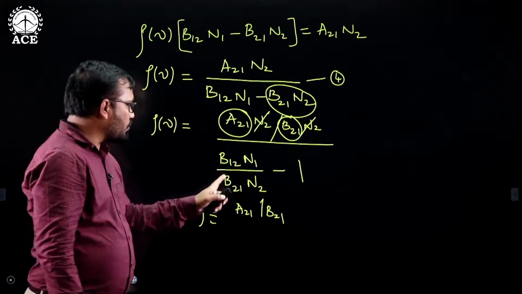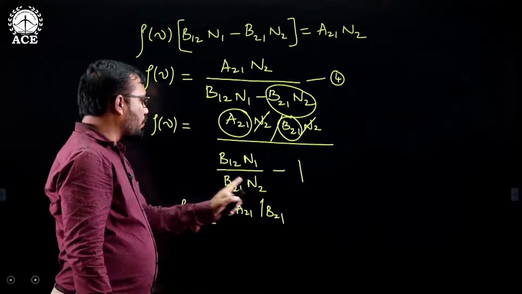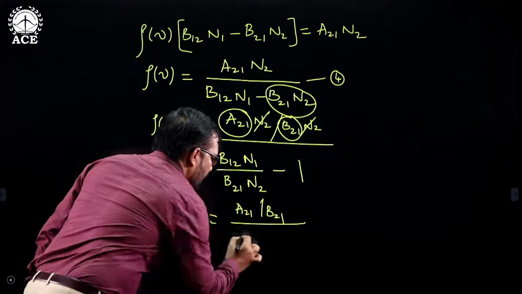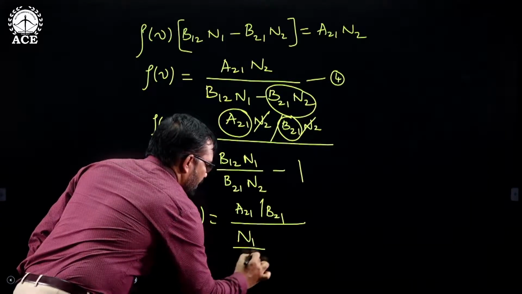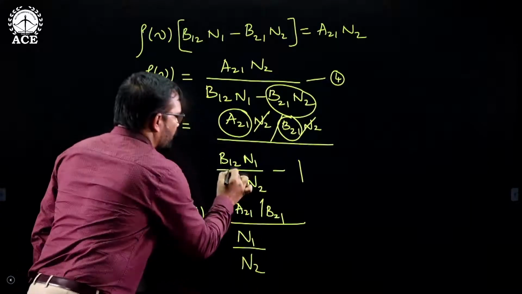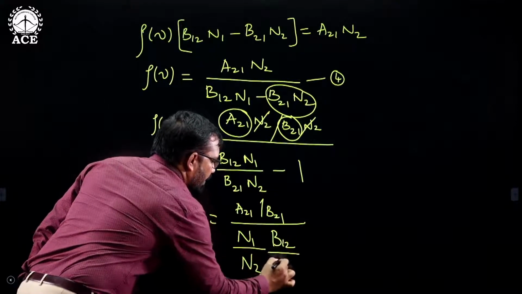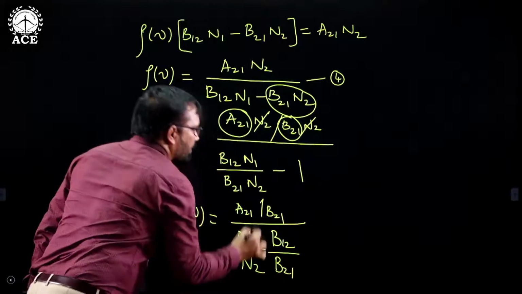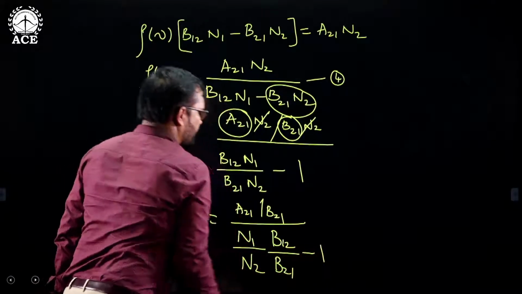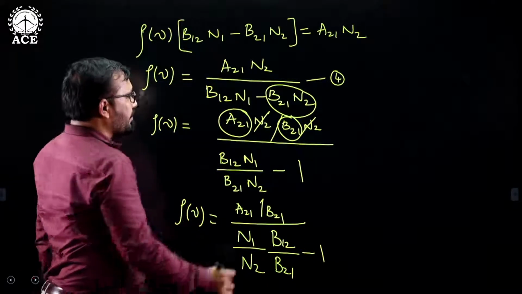Next here, N1 by N2 I am writing first, into B12 by B21 minus 1. So that is equation 5.